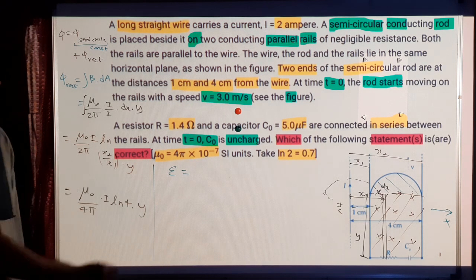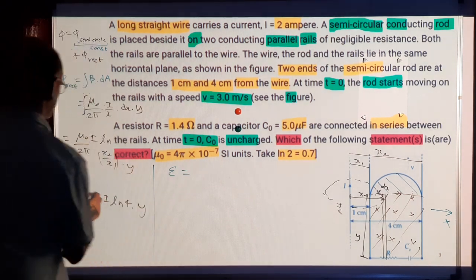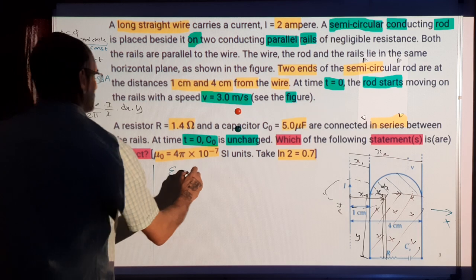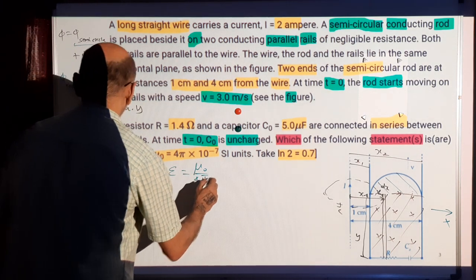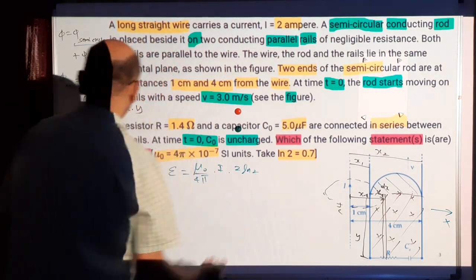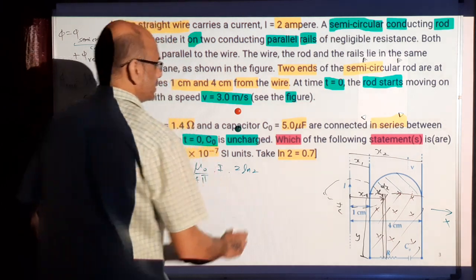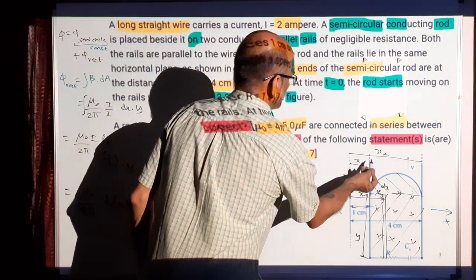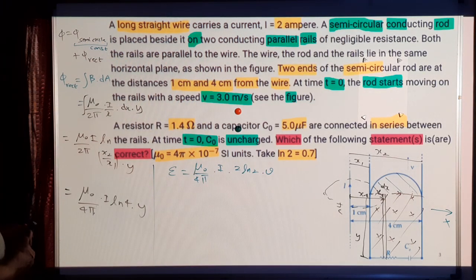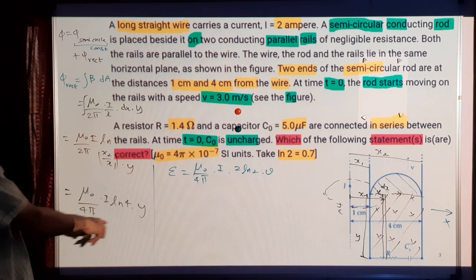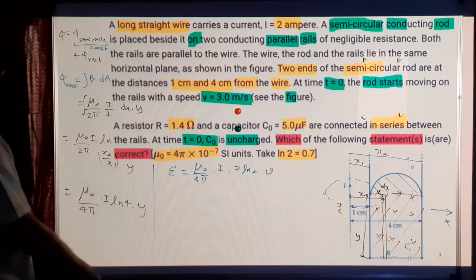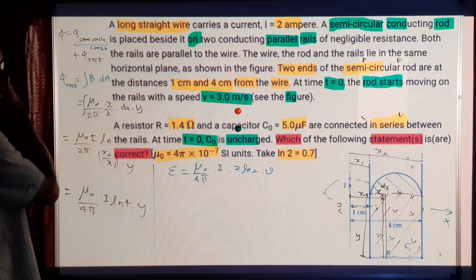I can write 4 as 2 squared, so ln 4 is 2 ln 2. So it is mu naught by 4 pi I, times 2 ln 2, and then dy by dt. dy by dt is how fast this part is moving up, the same as the velocity v of the rod. I is a constant.